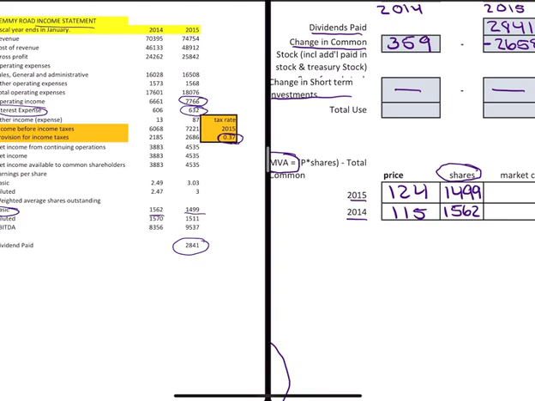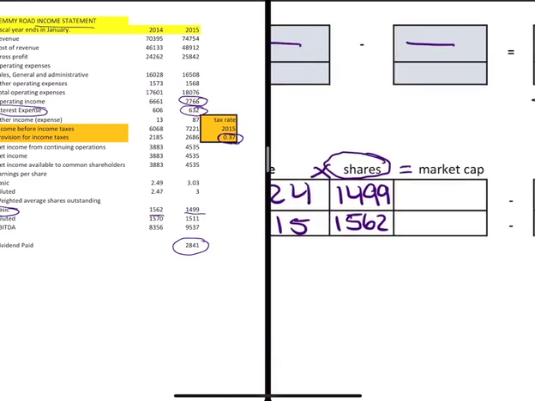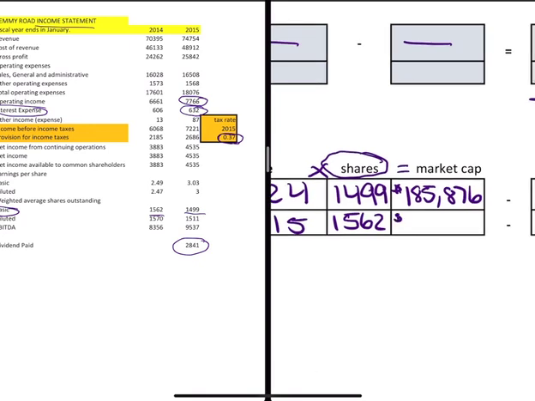To find our market value, we're going to take our price, multiply it by the number of shares. We'll get our market capitalization. So for 2015, when we do that calculation, we get 185,876. For 2014, we get 179,630.